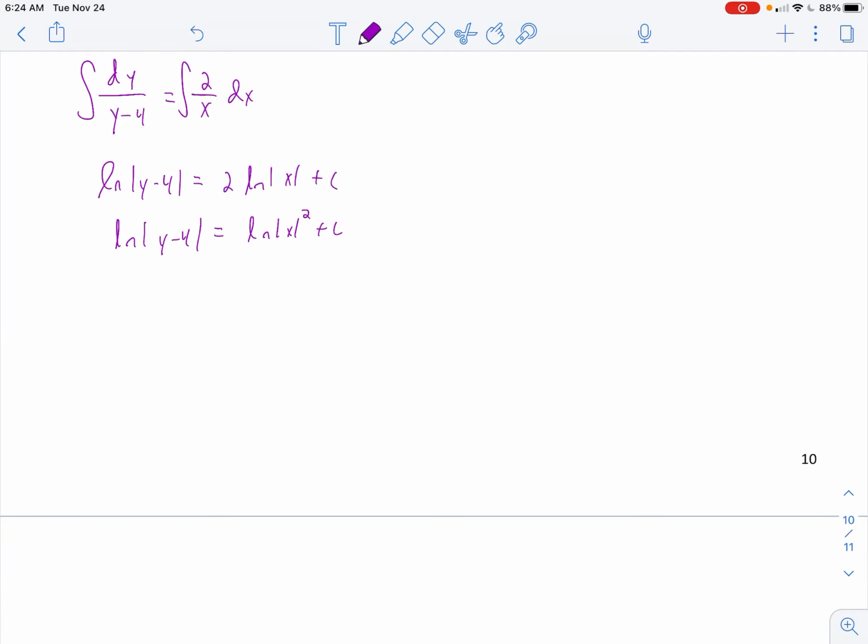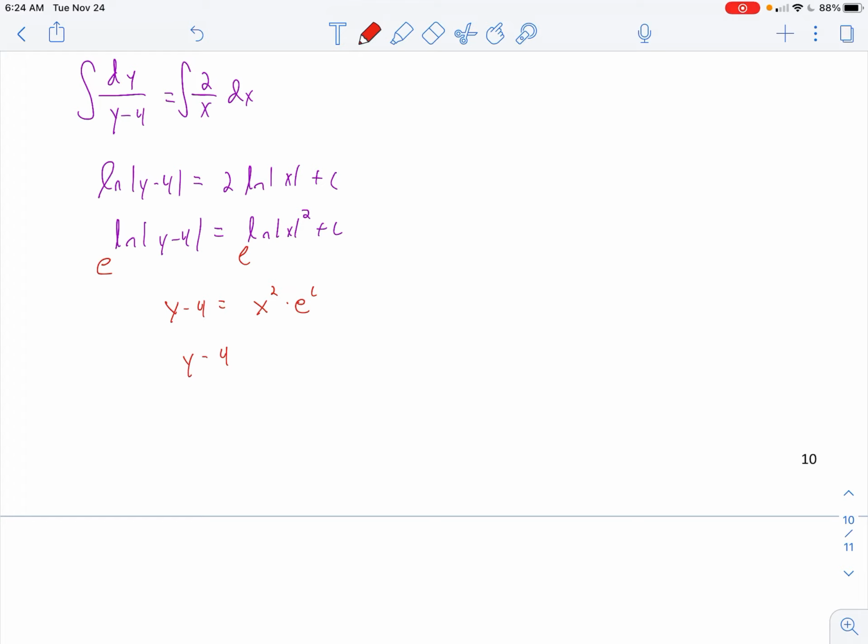And now what we're going to do is take the exponential of both sides. When we take the exponential of the left-hand side, we get y minus 4. On the right-hand side, when we take the exponential, the e and the natural log are going to cancel out, so we're going to get x squared, but we still have this times e to the c because of that addition in the exponent.